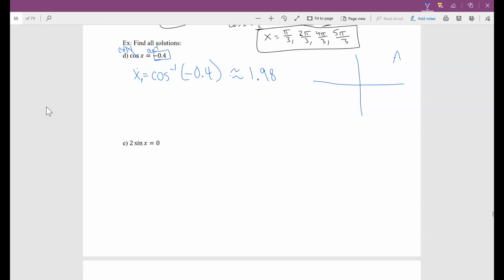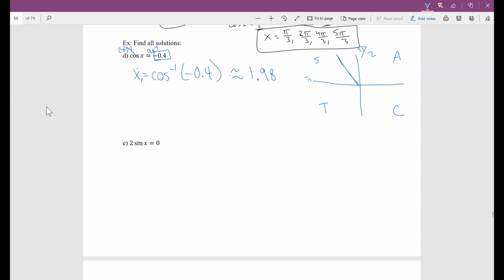Here we have All Students Take Calculus. We want to figure out where exactly you're going to get negative 0.4. This 1.98 is not even close to pi. Here's pi, and here's pi over 2, so negative 0.4 is probably around here.